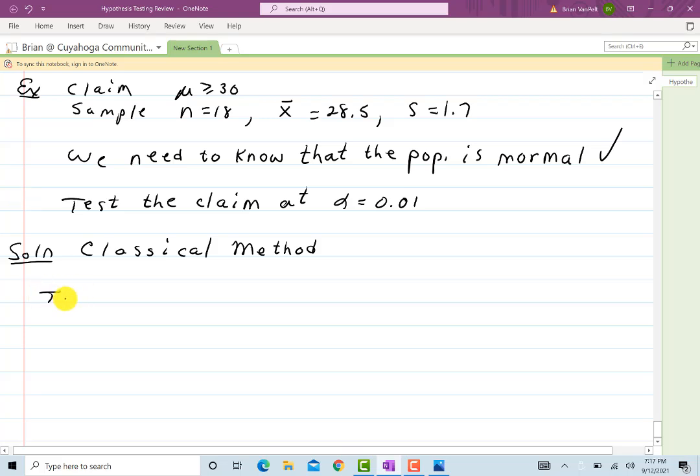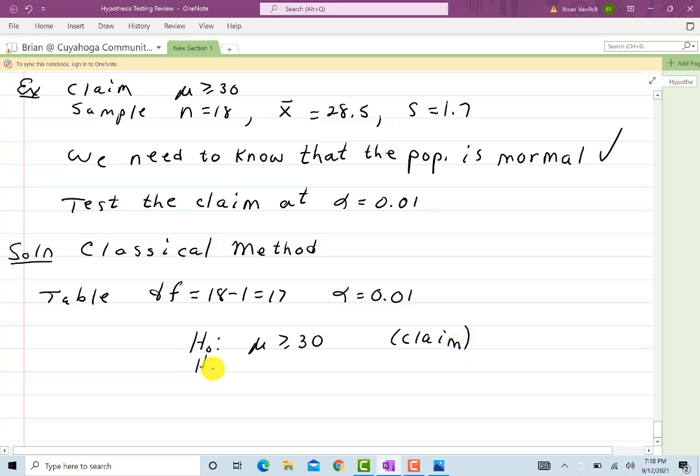First, from the table, the degrees of freedom will be 18 minus 1, which is 17. Alpha equals 0.01. And this will end up being a left-tailed test, because when I write these things down, I have mu is greater than or equal to 30. That's the claim. However, H sub A says that mu is less than 30. So this makes a left-tailed test.